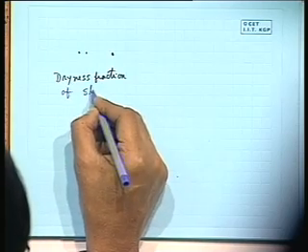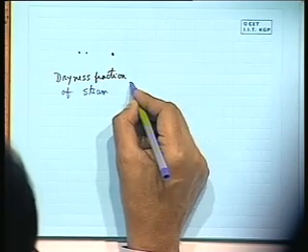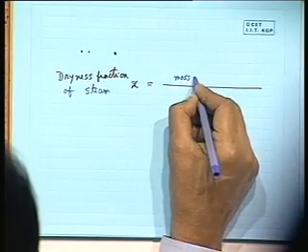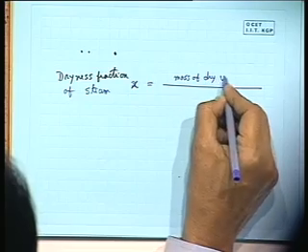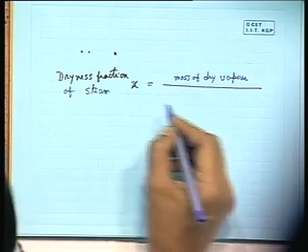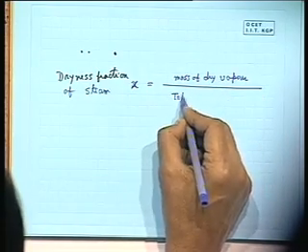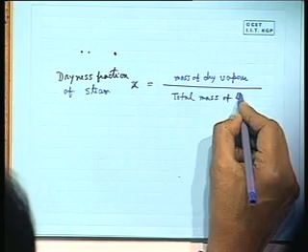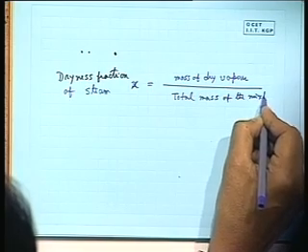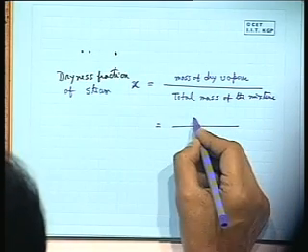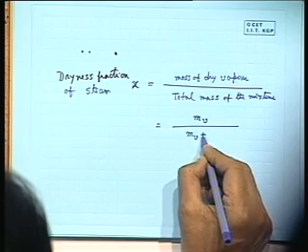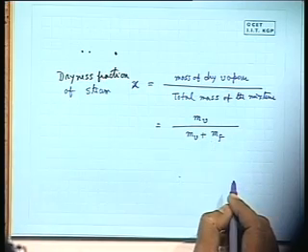The dryness fraction of steam is denoted as x, which equals the mass of dry vapor, steam or vapor, divided by the total mass of the mixture. Let us denote the mass of dry vapor as mv, and the total mass of the mixture is the mass of dry vapor plus the mass of the liquid, mf.